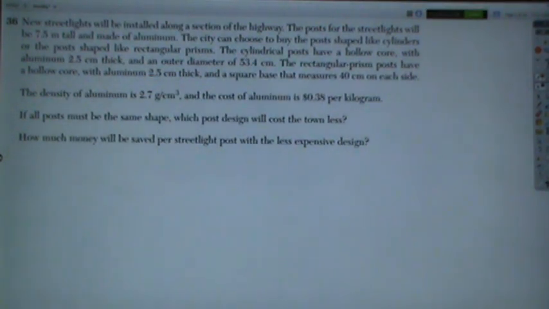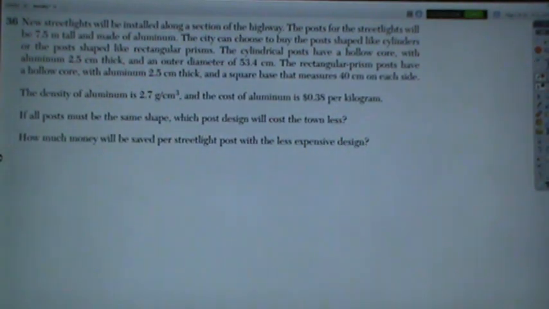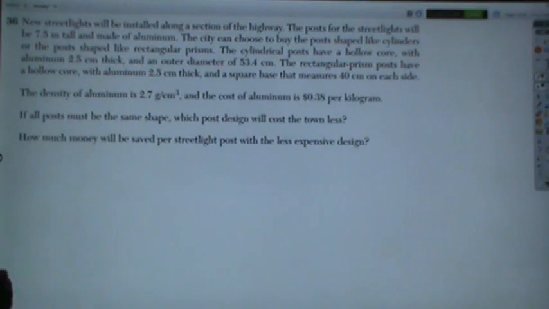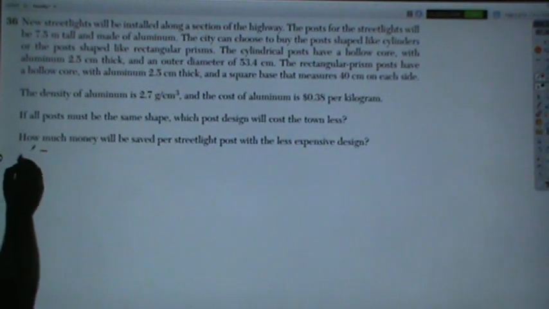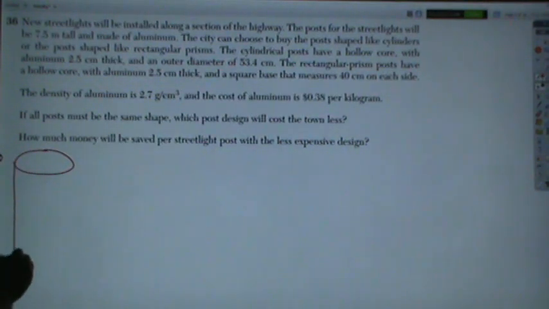So we have a lot going on here. The first thing that we want to do is to determine the volume of the post. And there are two different types of posts. I'm going to start with the one that they talked about first, the cylinders. So with my cylindrical post, I'm going to have those circles at the bases.